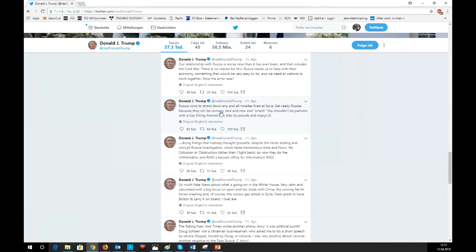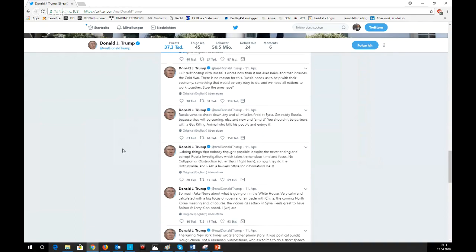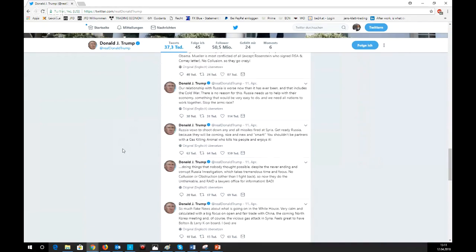So that's a clear message, not only towards Assad here in Syria, but also towards Russia, obviously. And he's making clear that there's obviously a strong difference between Russia and Moscow right now.